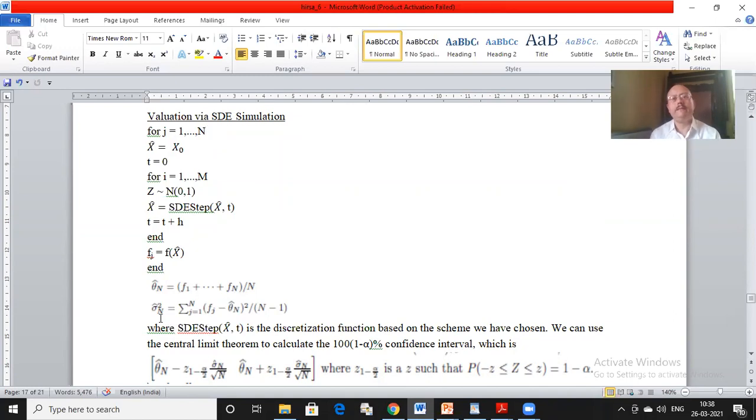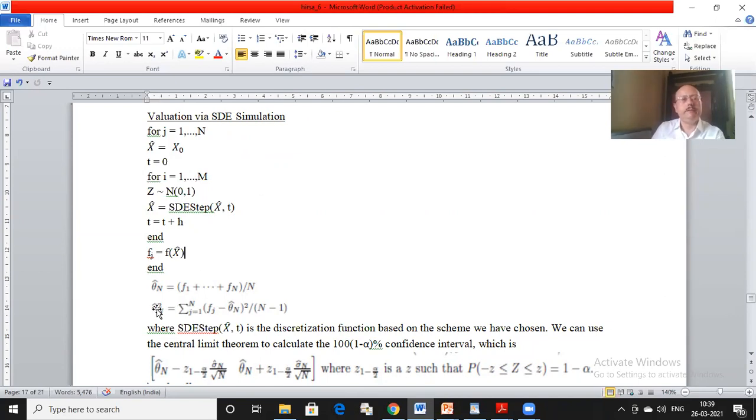So this is the generic algorithm for handling any derivative with some discretization scheme. The discretization scheme details are hidden in this SDE step, which we have talked about earlier in different forms. My timeline is broken down into capital M steps, and I am simulating capital N many paths and averaging over the paths. That's how in general it works.